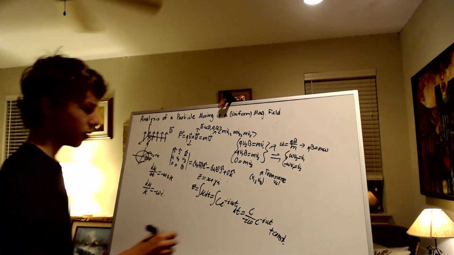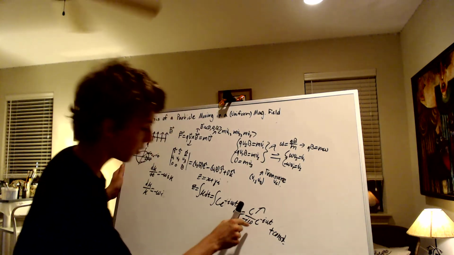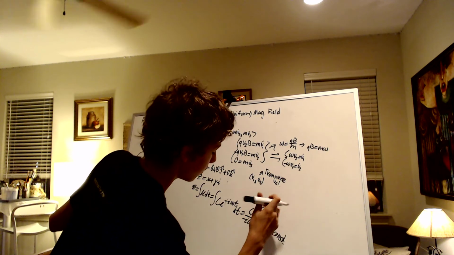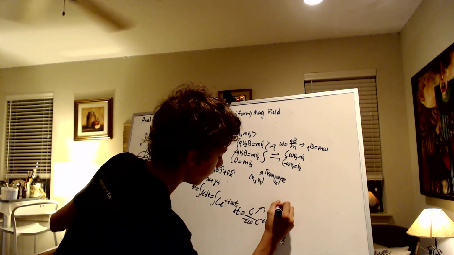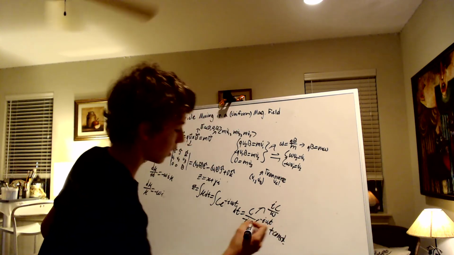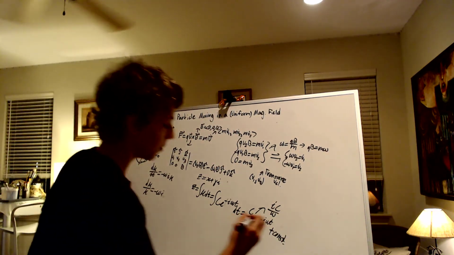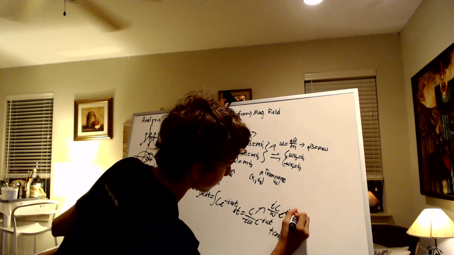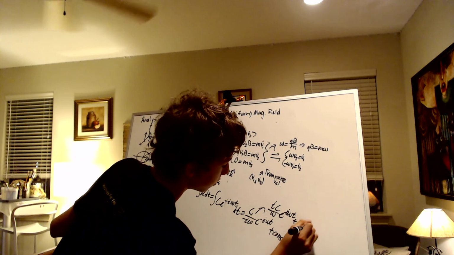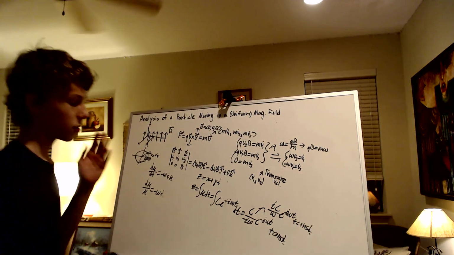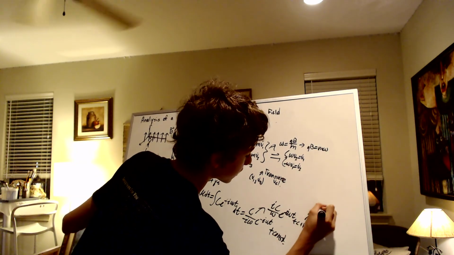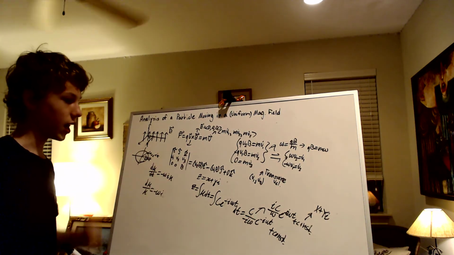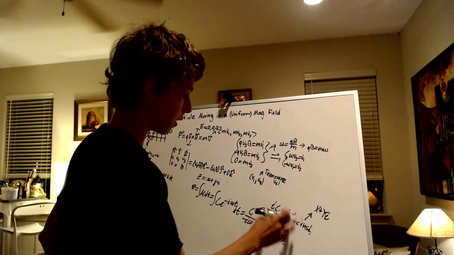Okay, so let's see. We can simplify this a bit by multiplying the top and bottom by i. So we're just going to get i c over omega, e to the minus i omega t, plus constant. It's so hard not to say w, not to say omega. Okay, so let's write the constant as x plus yi. If we write the constant as x plus yi, we're just going to get some value here.